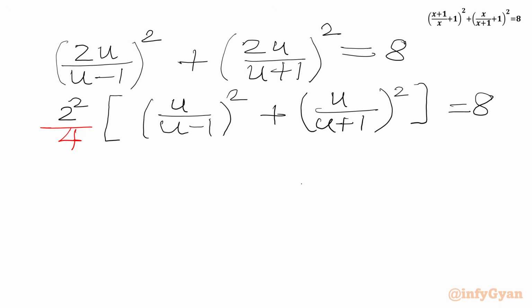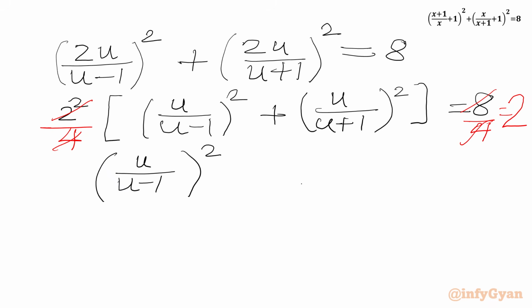So 8 over 4 will be equal to 2, and 2 square is 4, so we will write here 1 only. Now our equation will become u over (u minus 1) whole square plus u over (u plus 1) whole square equal to 2.